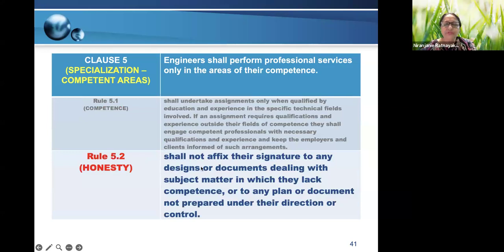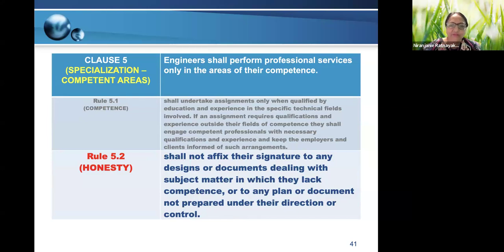5.2 is about honesty. Shall not affix their signature to any designs or documents dealing with subject matter in which they lack competence, or to any plan or document not prepared under their direction or control. Now, this is something that we keep seeing happening. You have to give a value to your signature. You should not be just signing because someone comes and asks you.